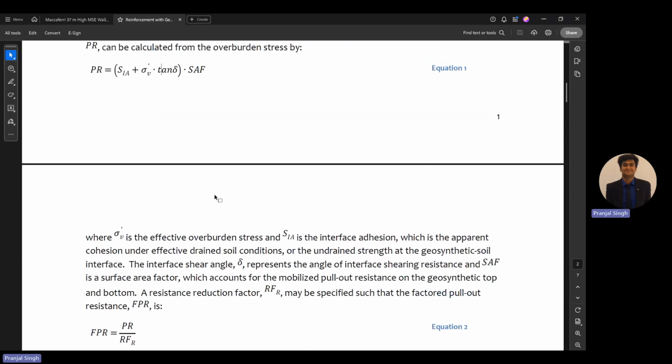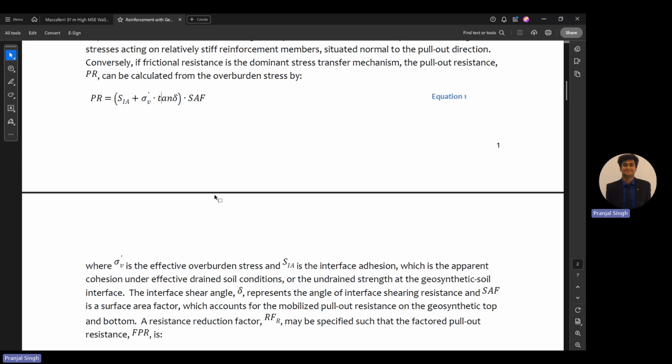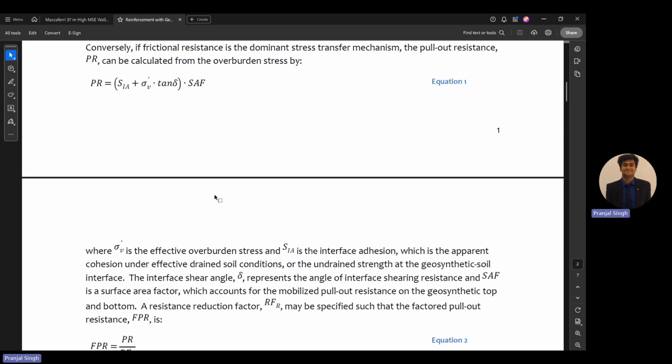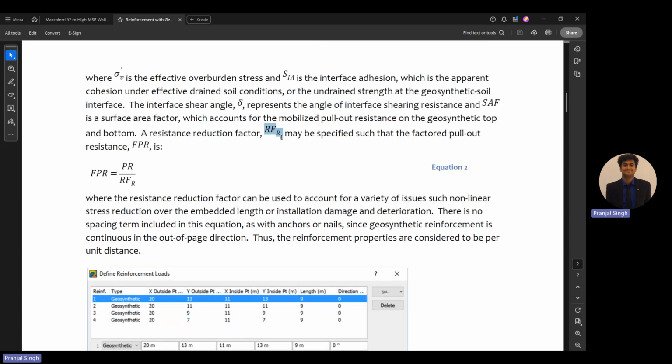And here SAF is the surface area factor, which is the mobilized pull-out resistance. The total area on the top and bottom may not be completely mobilized. So that is why the SAF value is used. And then you have the resistance reduction factor, which is due to various issues of uncertainty.